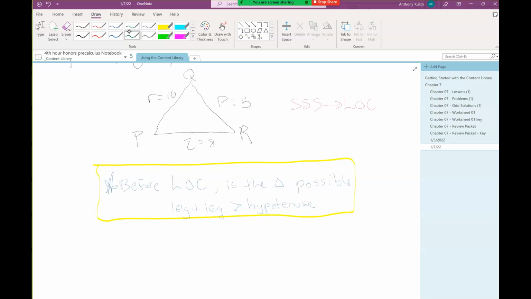The way we can guarantee that is that we're going to find the biggest angle first. Which one will be the biggest angle? Yeah, R, because the side length is the biggest. 10 is biggest. Okay.